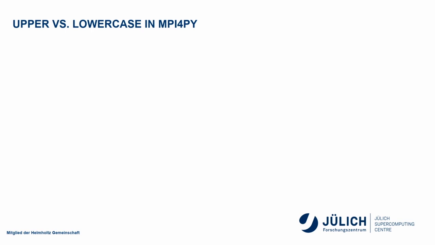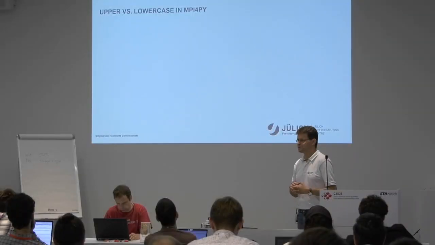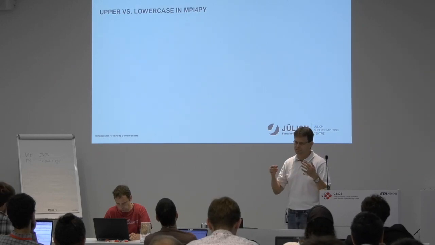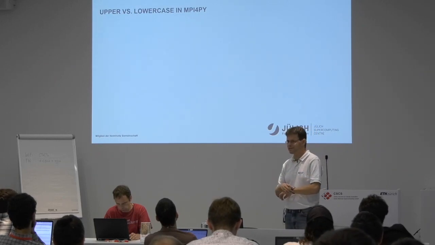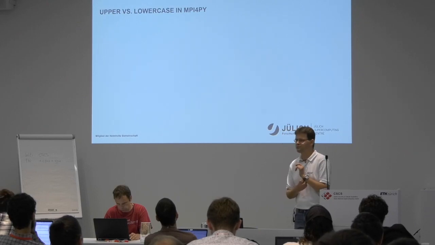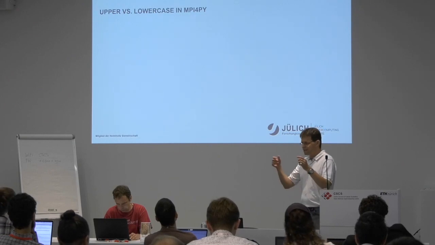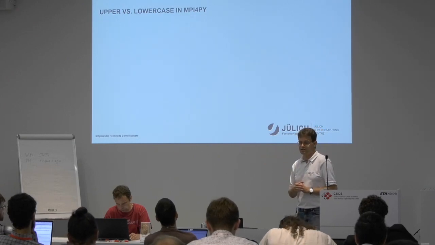MPI for Pi has 2 versions of most functions. One is uppercase, and one is lowercase. The uppercase version maps pretty directly to the C API. Actually, the API looks more like the C++ API, which has been dropped from the MPI standard, but it maps to the underlying C functions.